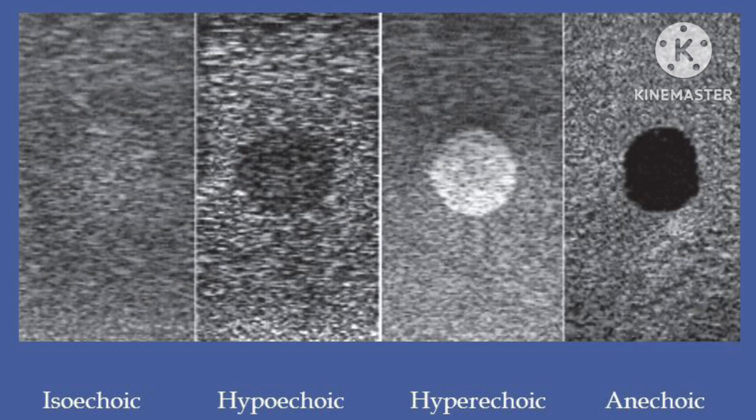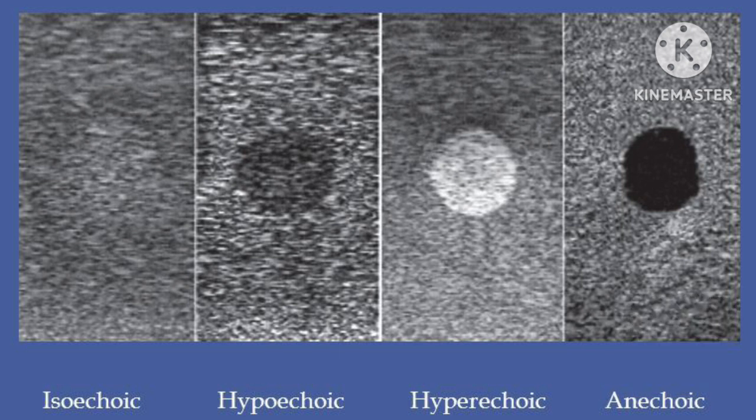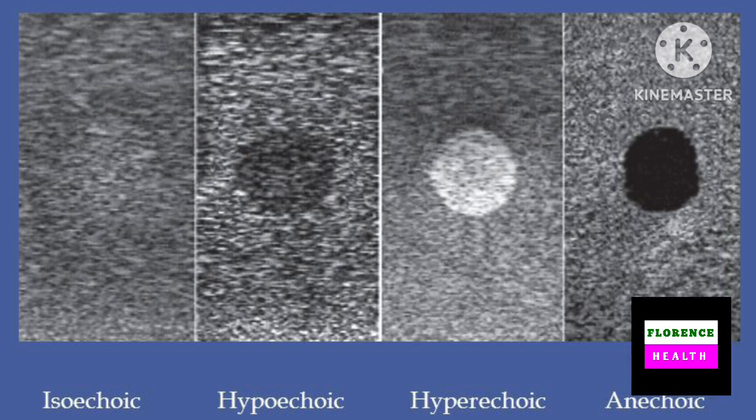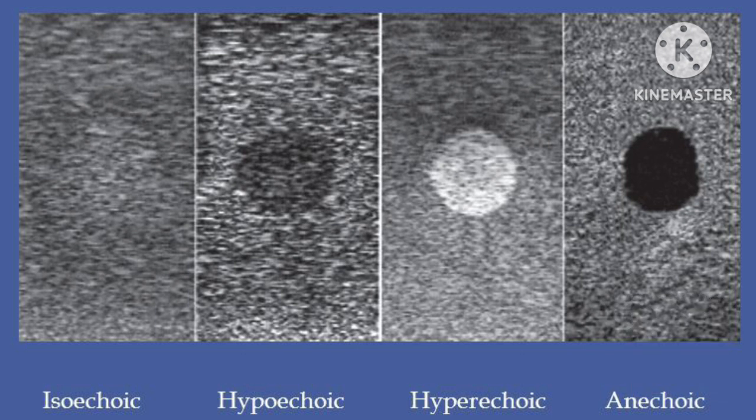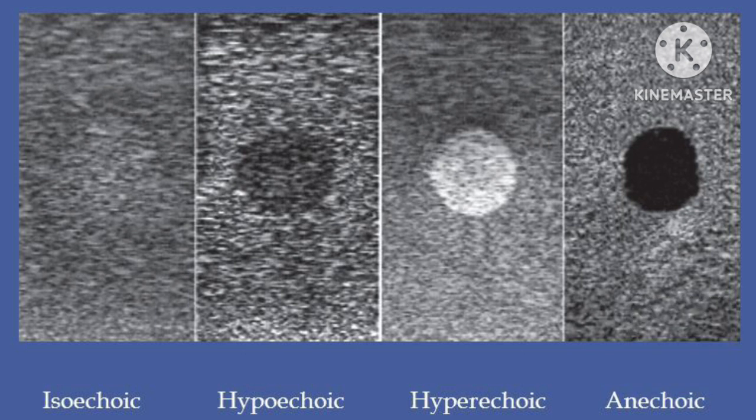It is grayish or brown in color. The third lesion is hyperechoic, as it has more echo inside compared to surrounding structures. The lesion looks bright and whitish in color. The right side lesion is anechoic, as it has no echo inside. It is purely jet black or dark in color.